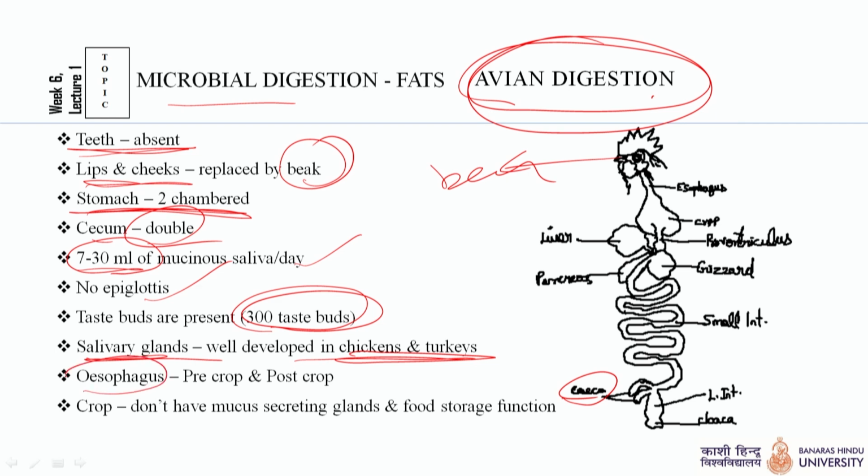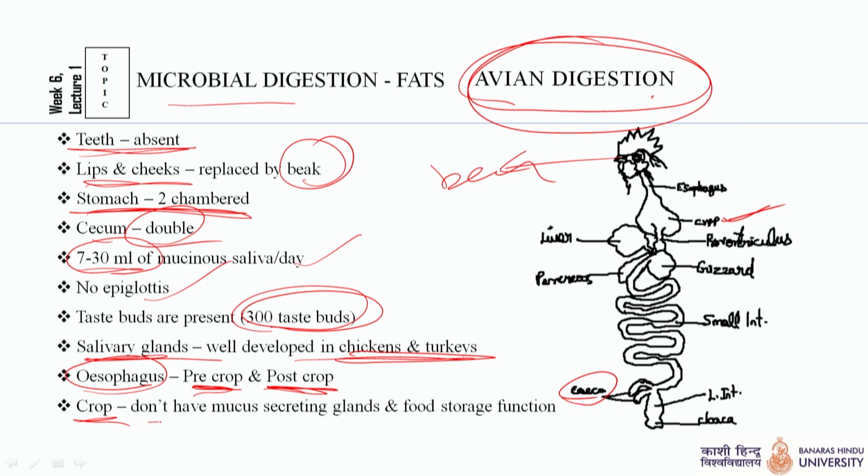Coming to the esophagus, it is classified into two parts: before the crop and after the crop. Here this is the crop. The esophagus before the crop is called the pre-crop, and the esophagus after the crop is called the post-crop portion. Then what is this crop?